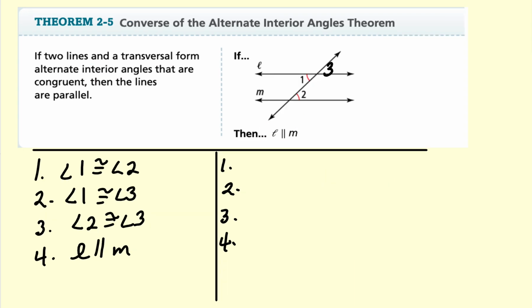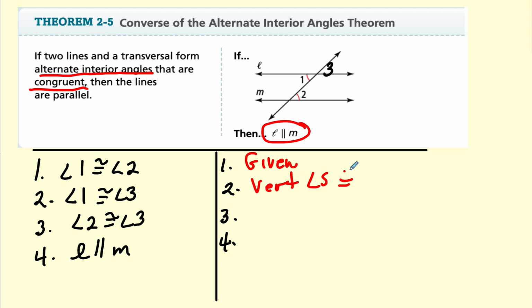All right, let's talk about the converse of another theorem. This time we're going to work with alternate interior angles that are congruent, and we want to prove that the lines are parallel. So we've got these angles 1 and 2 congruent, so that's given. We can say that 1 and 3 are congruent because vertical angles are congruent.